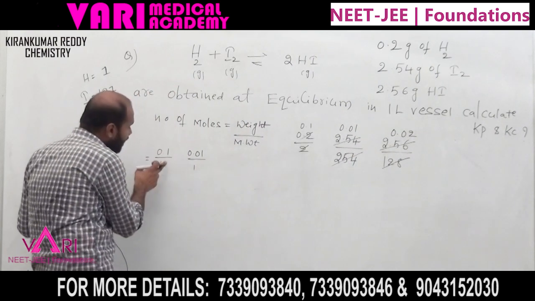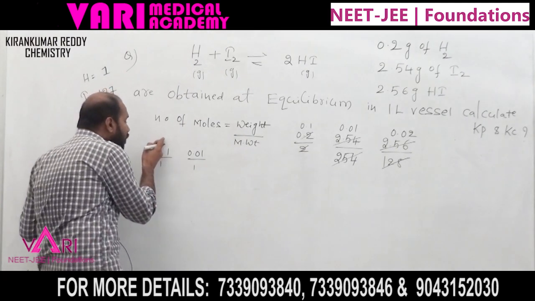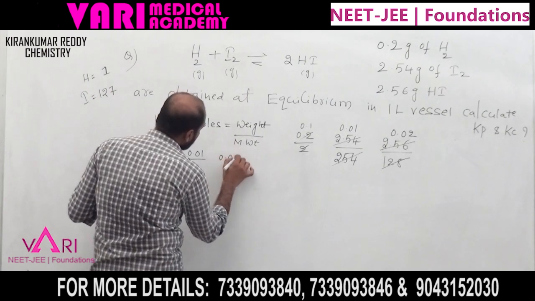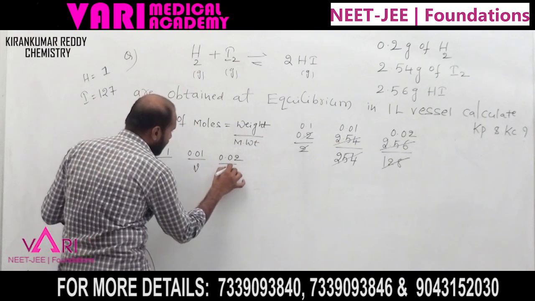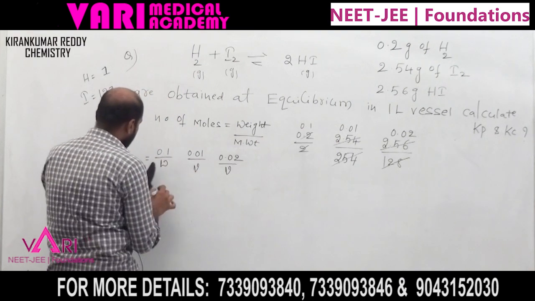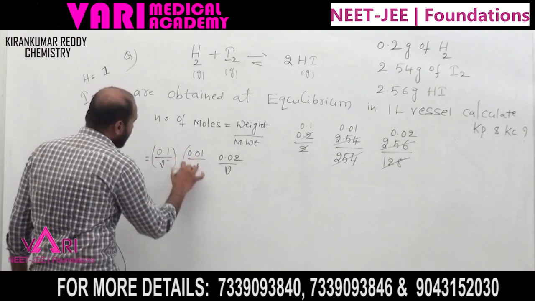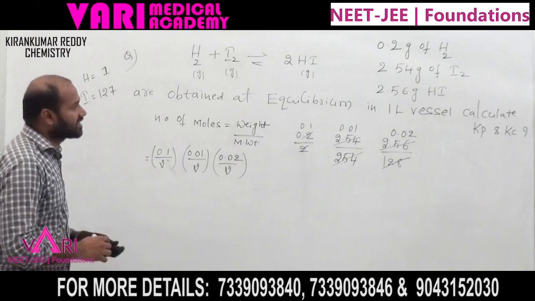Number of moles by volume is the concentration. Here also 0.02 by 1, just write the volume. This is the H2 concentration, I2 concentration, and HI concentration.